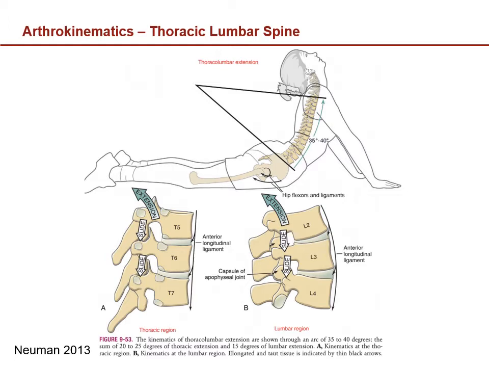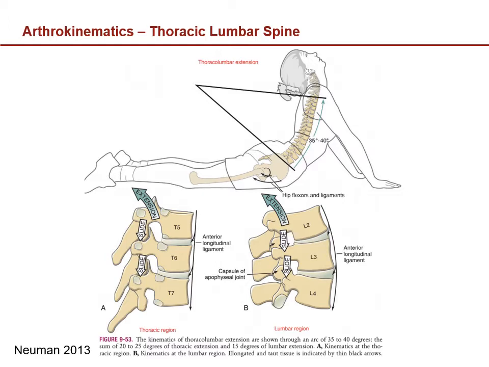So for the thoracic region, there will certainly be extension, and there will be a down or an inferior slide and a posterior glide of the superior facet on the facet of the inferior vertebra, as shown with the model there in A. And then in the lumbar spine, you'll have that same kind of inferior and posterior sliding as the individual goes into extension.